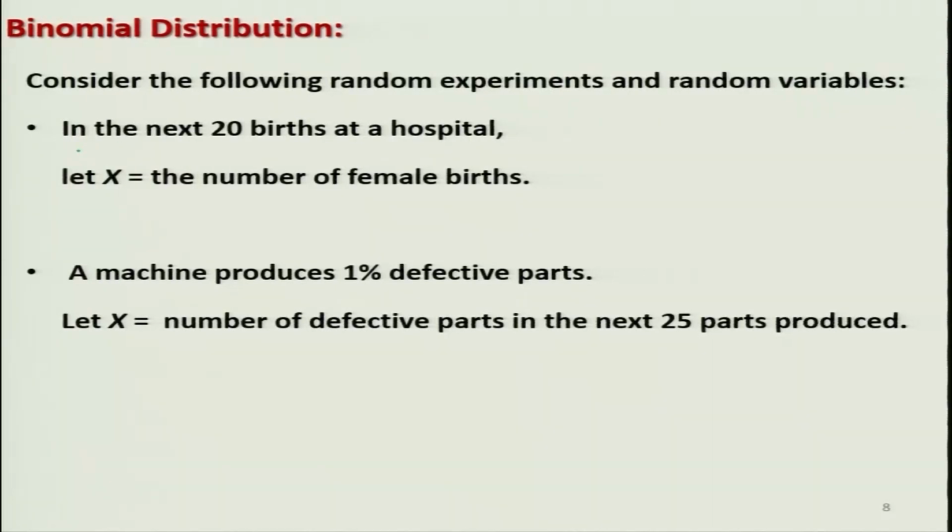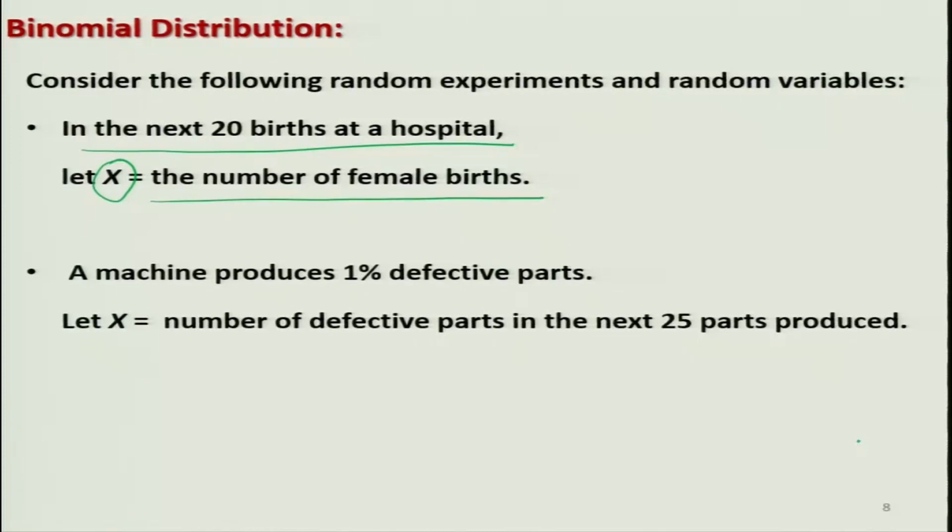For example, in the next 20 births at a hospital, we want to know the number of female births, that is, how many girls are born, and let this number be x. Whenever a baby is born, there are two possibilities: either the baby is a boy or a girl. So don't you think that every outcome follows a Bernoulli distribution? It has only two possible outcomes.